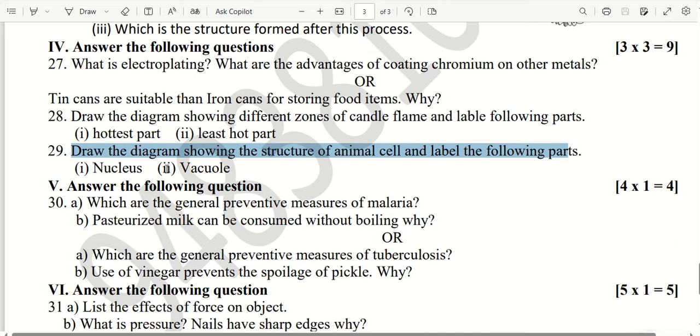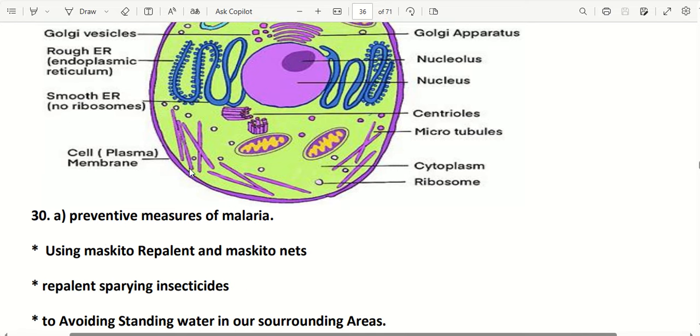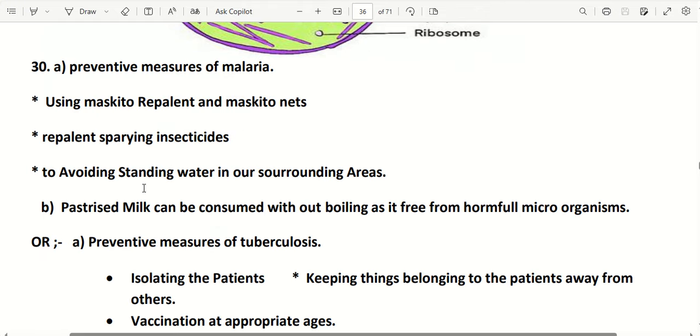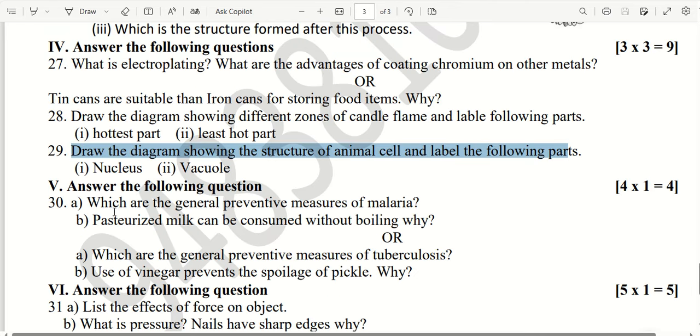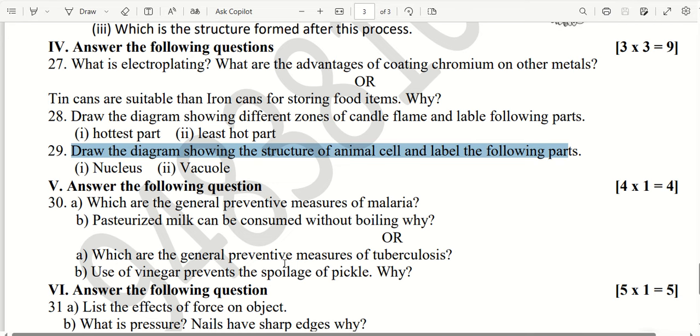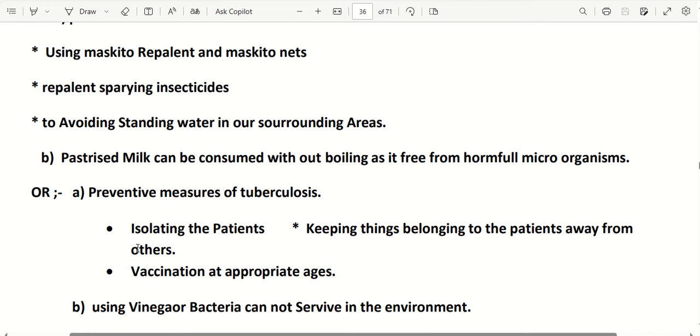Which are the general preventive measures of malaria? The general preventive measures of malaria are using mosquito repellent, mosquito nets, spraying insecticides, and avoiding standing water in our surroundings. The second question: can pasteurized milk be consumed without boiling? Why? Pasteurized milk can be consumed without boiling because it is free from harmful microorganisms. Which are the general preventive measures of tuberculosis?